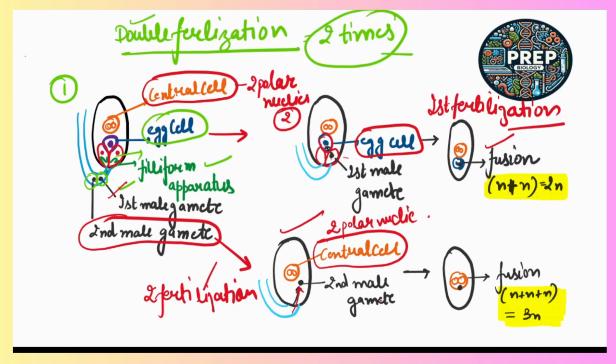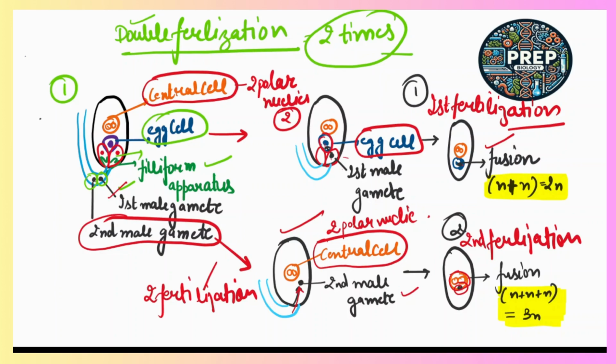The fusion of the second male gamete with the central cell, or the two polar nuclei, occurs. That fusion is the second fertilization. So these two fertilizations occur: this is the first and this is the second fertilization. I hope this diagram is clear to you all.